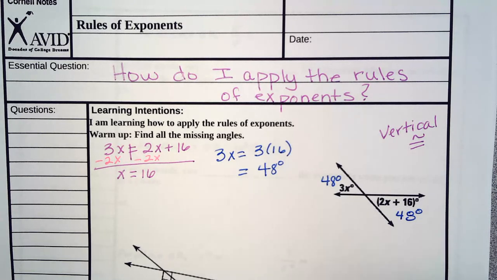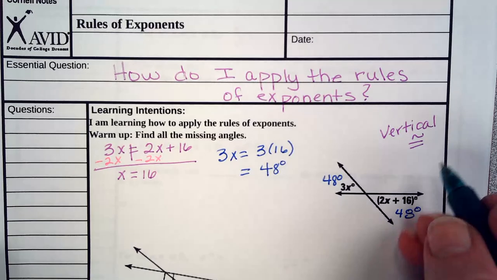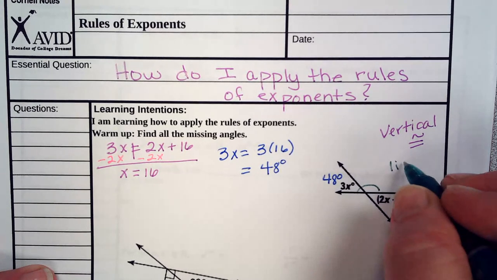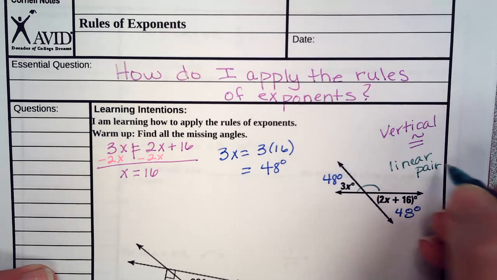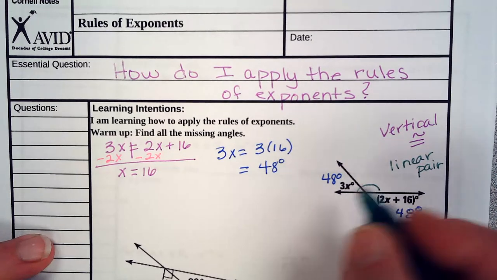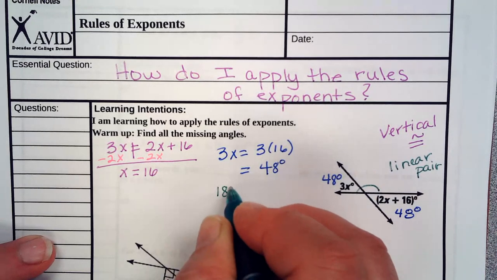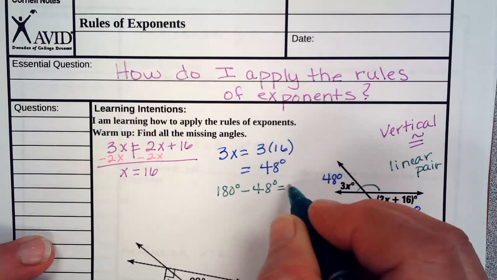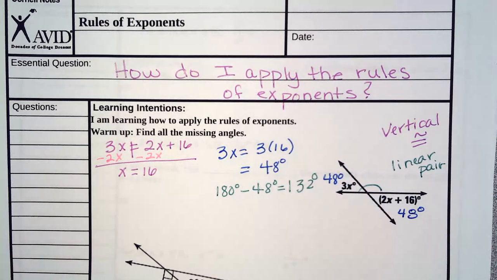Well, I know that these are a linear pair. They're supplementary. Supplementary means that they add up to 180. So for the other two, I can have 180 degrees minus 48 degrees, and that will give me 132 degrees.